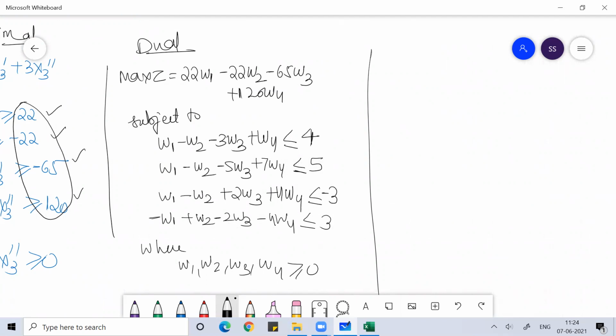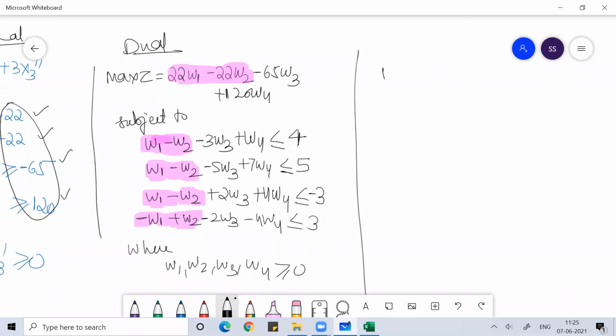Now, guys, if you notice again, here, W1 minus W2, focus on that. See that they are having same coefficients.